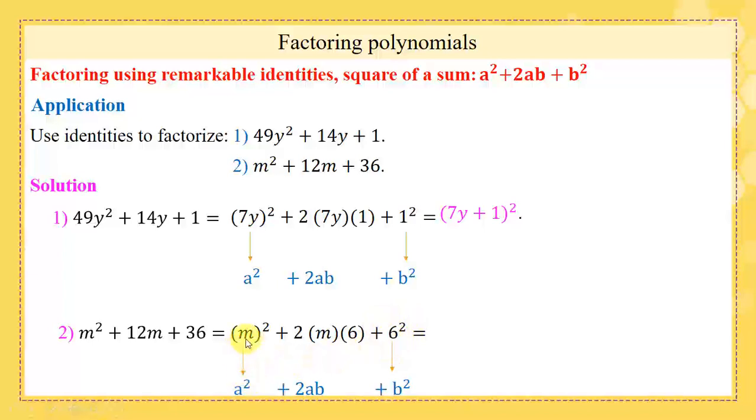So a is m and b is 6. For 2ab we have 2 times m times 6 equals 12m. So we can apply the first remarkable identity also. The answer is (m plus 6) squared, as (a plus b) squared.